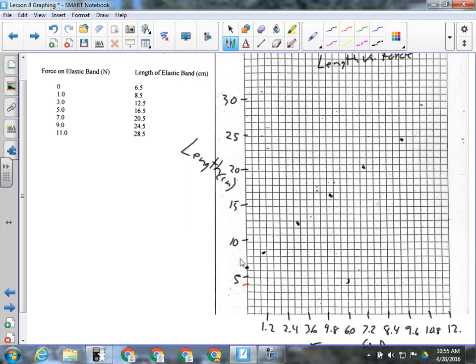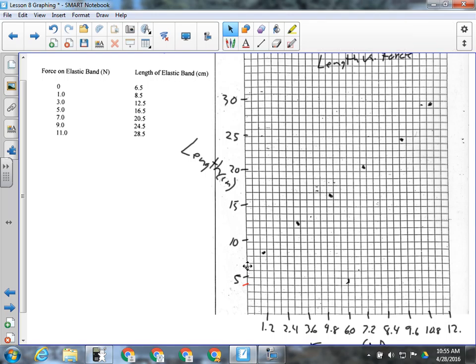Something like that. And 28.5 and 11. So 11 will be right about there. All right, so there's my points all plotted on my graph.